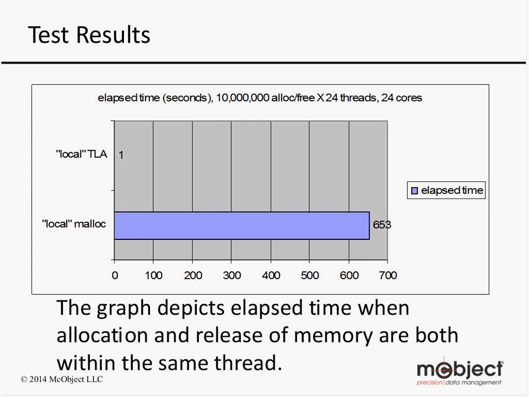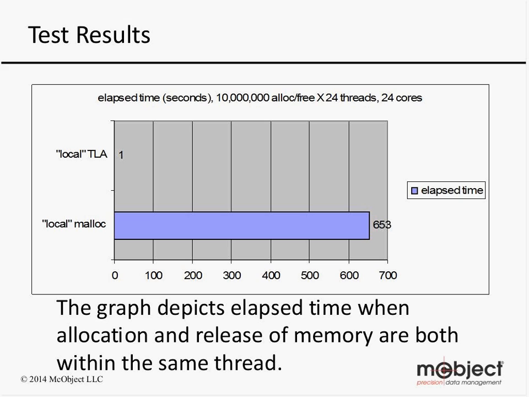So for the first test, the best case test, we ran this on a Sunfire X4450 with 4 6-core Xeon processors, so a total of 24 cores, running at 2.6 gigahertz.